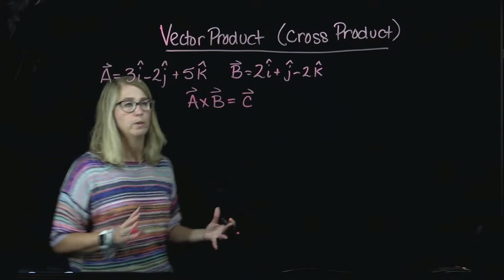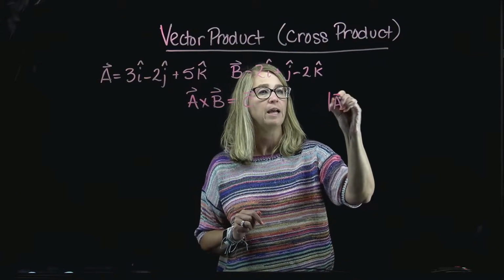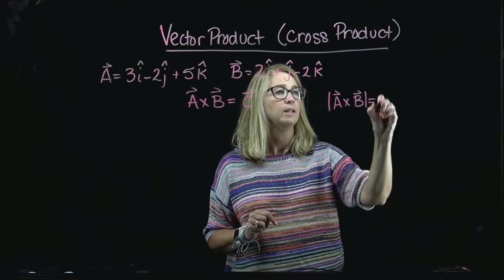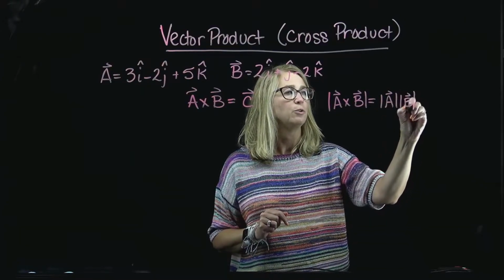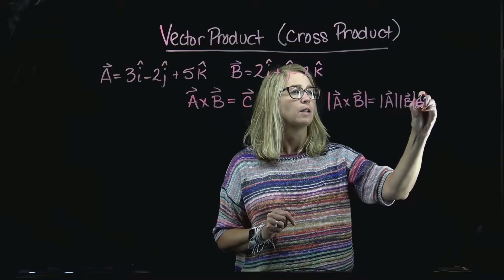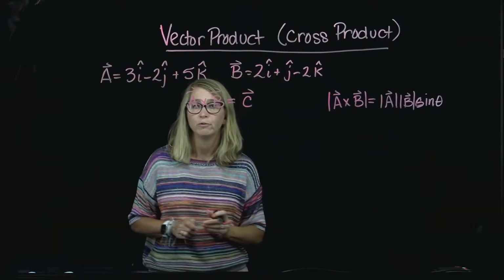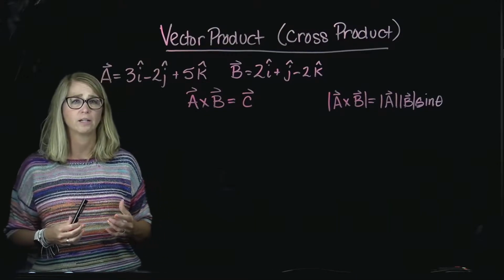One of the things that we learn in our chapter is that we can write the magnitude of A cross B as the magnitude of A times the magnitude of B times the sine of the angle between the two vectors. Now that's only the magnitude of the cross product.